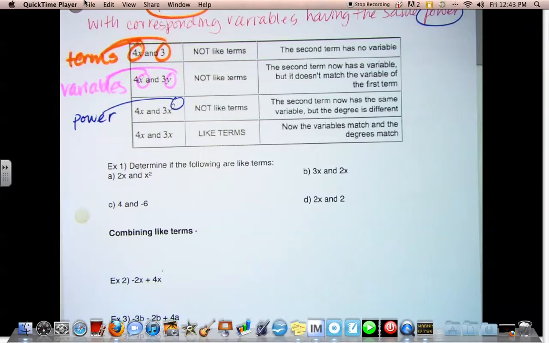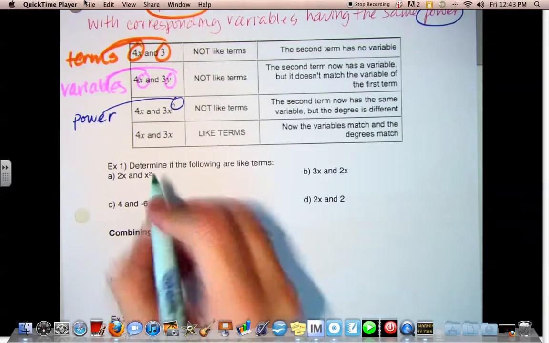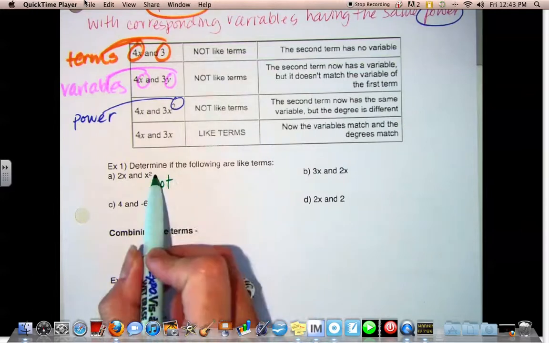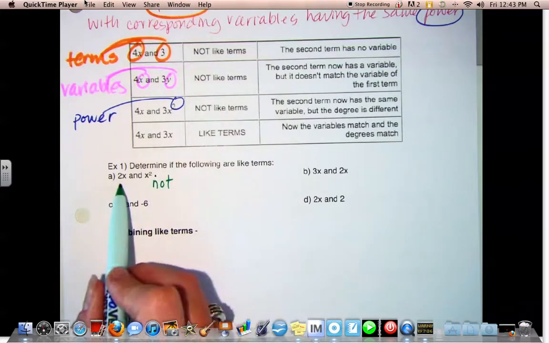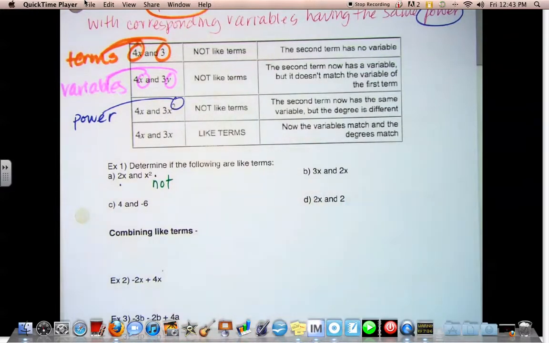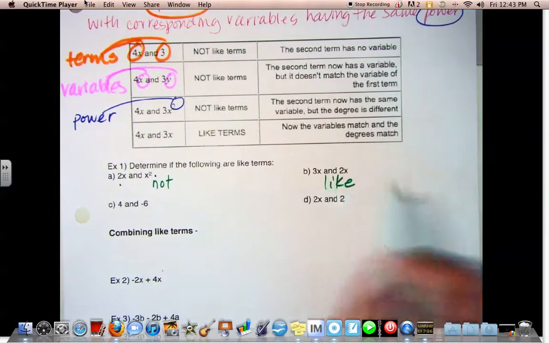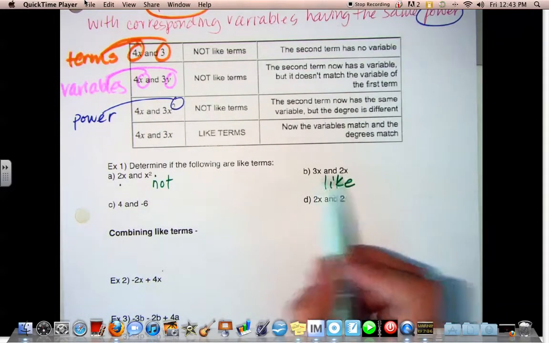All right, so example 1. Determine if the following are like terms. 2x and x squared. Like or not? No. Why? Because the x has a power or an exponent, and the other one doesn't. Correct. 3x and 2x. Like or not? Like. There's an x after both the numbers.